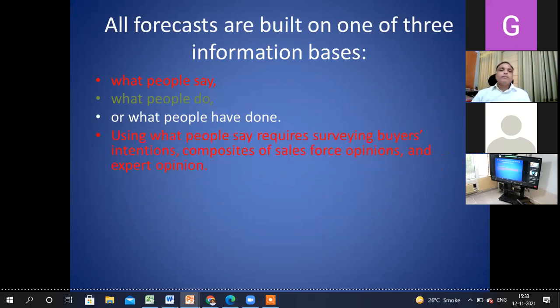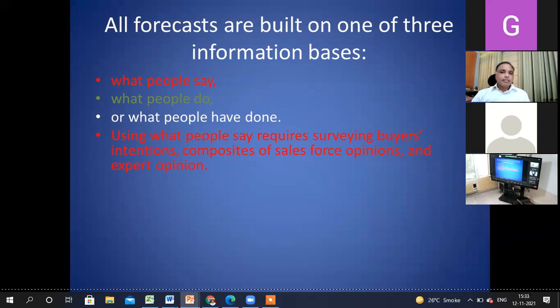Using what people say requires surveying buyers' intentions, and a composite of sales force opinion and expert opinion. So here we are listening to buyers, what people talk about.